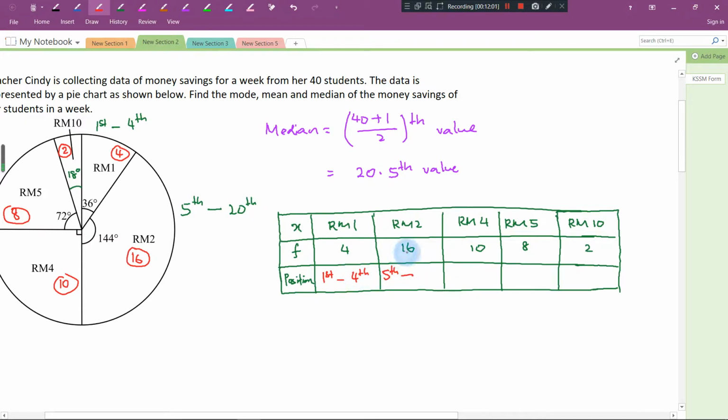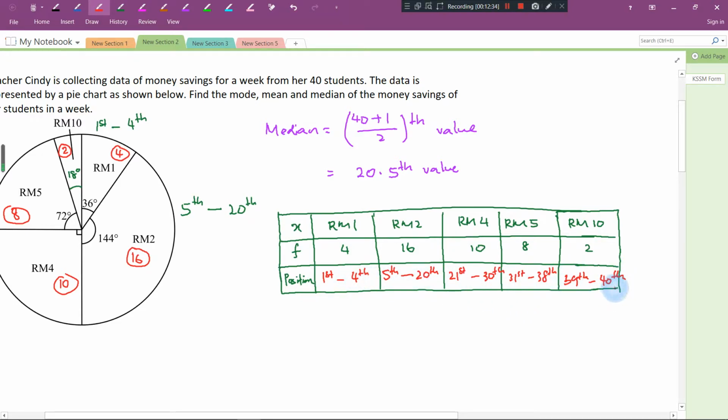So remember, here this is 16, right? Don't take 5 plus 16, but take 4 plus 16. So will be 20. So this is 21st. Okay, so 20 plus 10, 30. 31st. So 30 plus 8, 38. Okay, the last one, this is 39. 38 plus 2. Okay, so make sure the last one is the total number of frequency.